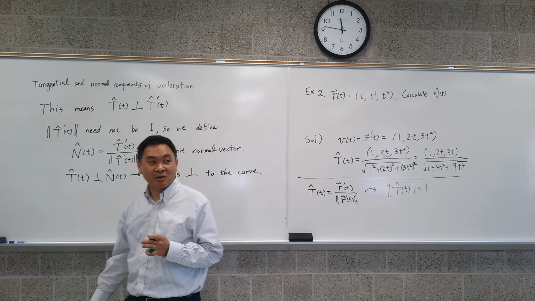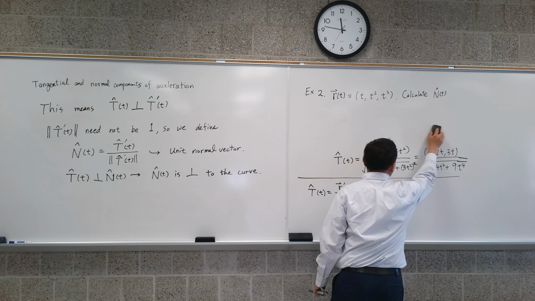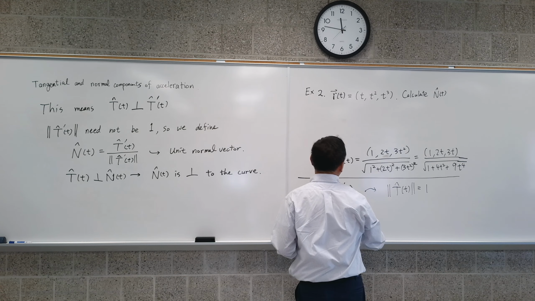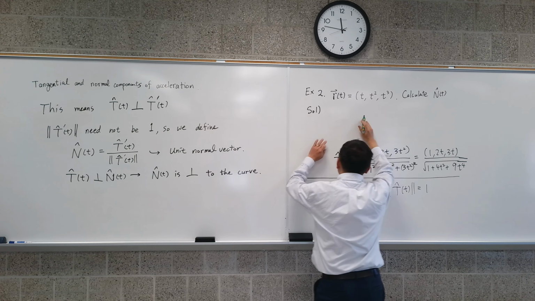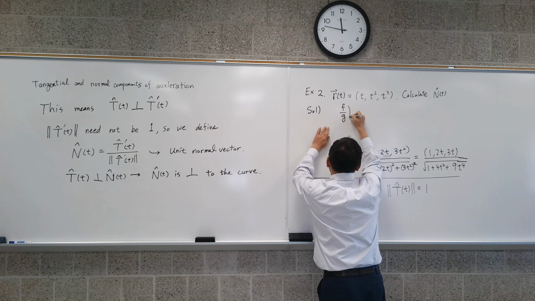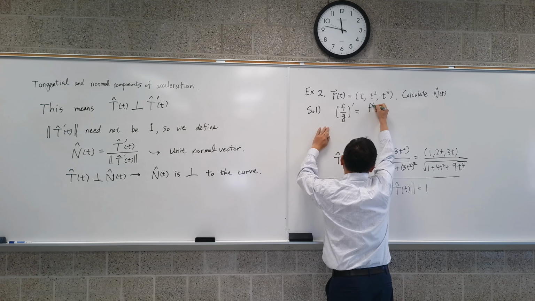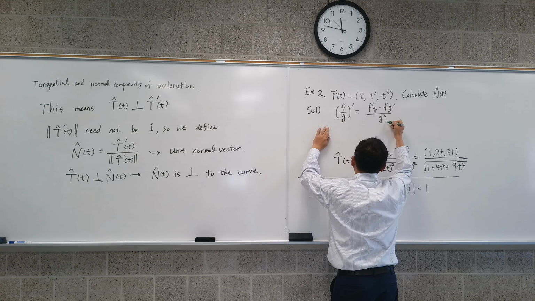And this is just so nasty. Well, let's first recall the quotient rule. So the quotient rule is that if you have f over g prime, this is f prime g minus f g prime over g squared.